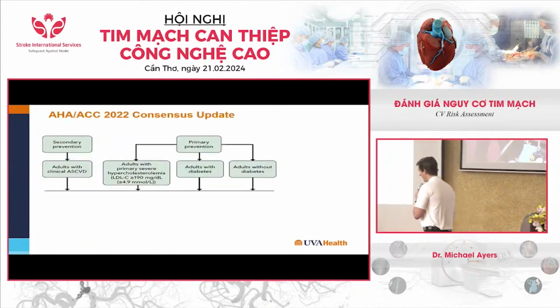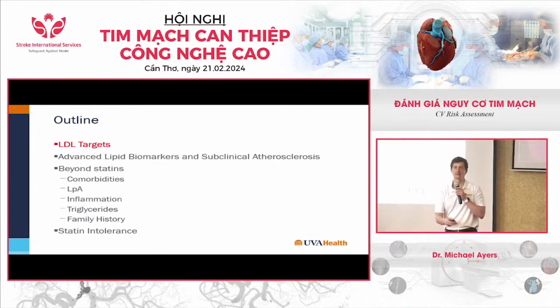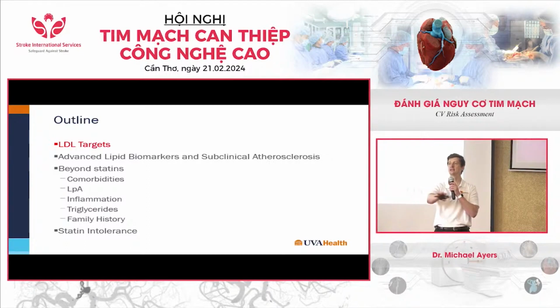Okay. I really disliked the 2014 and 15 set of guidelines from America because they emphasized pick a group that needs risk reduction, start a statin, and then really you're kind of done.